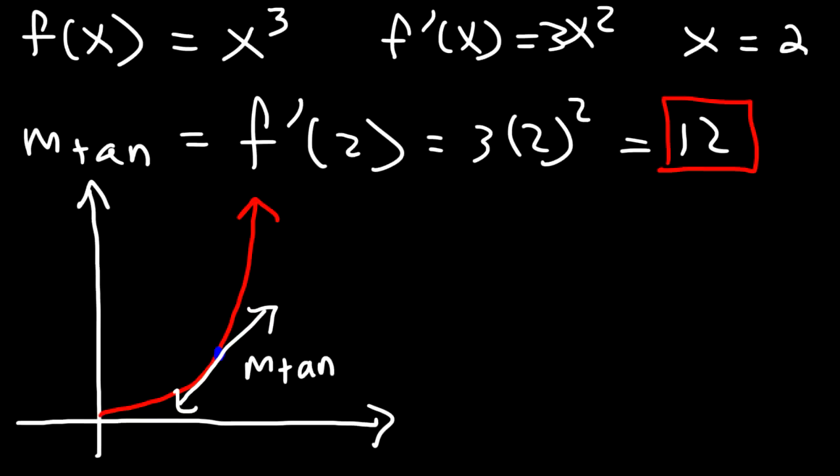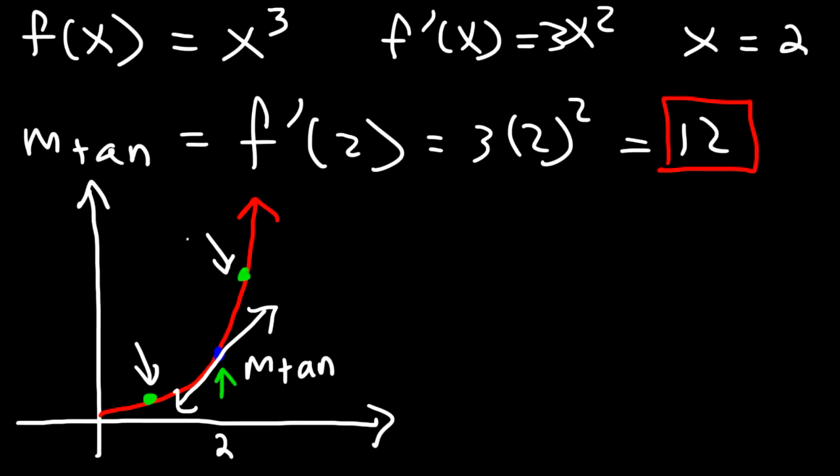Now to calculate the slope of the secant line, you need to choose 2 points. A point that's to the left of where you want to evaluate the slope of the tangent line, and one that's to the right. So this point is 2. We need to choose 2 points such that the midpoint of those 2 points is equal to 2.